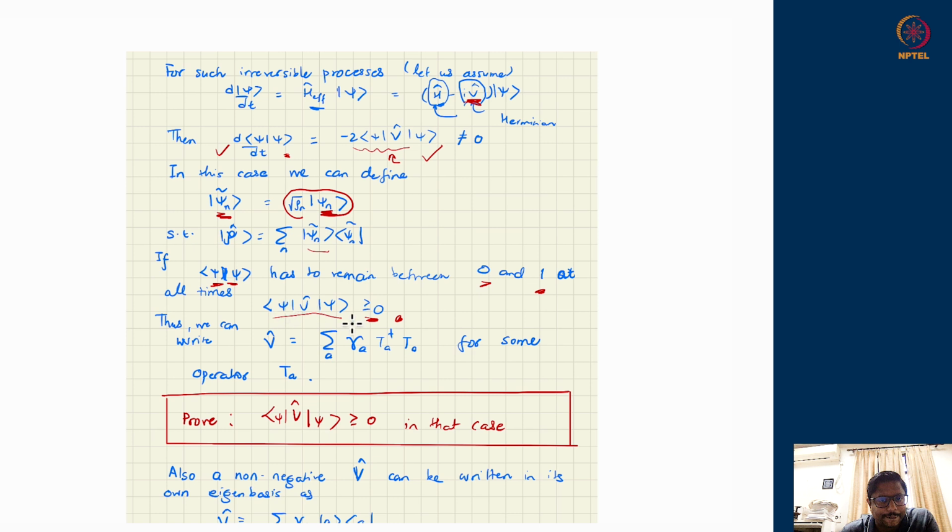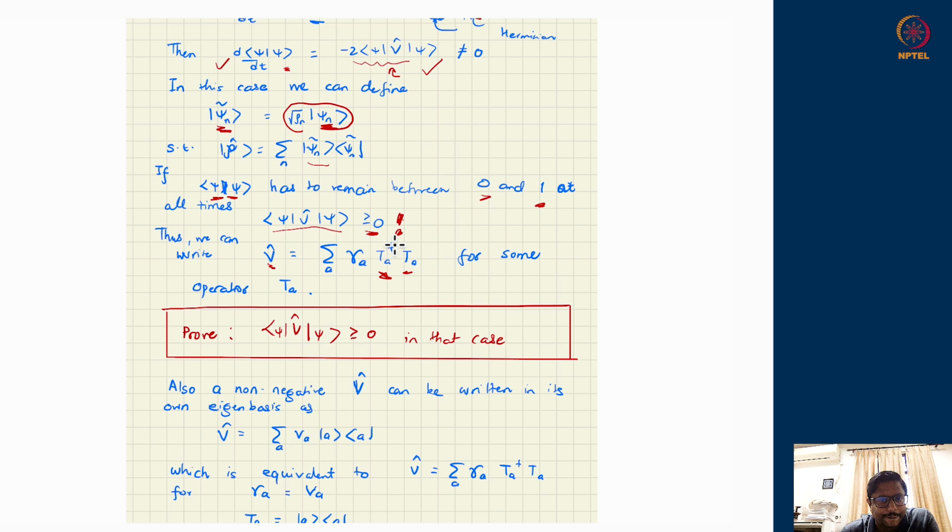And by that, we already know that if that is the case, the dissipative operator V can be written in terms of some other operators T and its Hermitian conjugate T dagger. It should be a Hermitian operator, of course. You can now verify that not only is V Hermitian; suppose T is any operator, T does not have any property to become Hermitian or not, but since T dagger T has appeared, this makes it Hermitian.